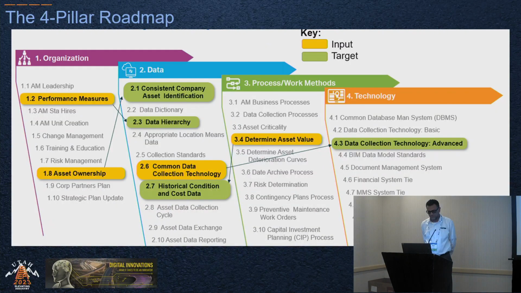So just a quick example of that. This is more detail of the top 10 things in each of those 4 pillars. And again, this is one framework. You'll see even in the Federal Highway BIM guide, they have a similar 4-pillar approach.